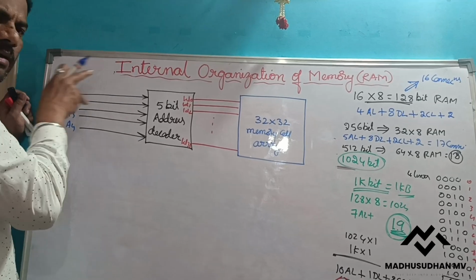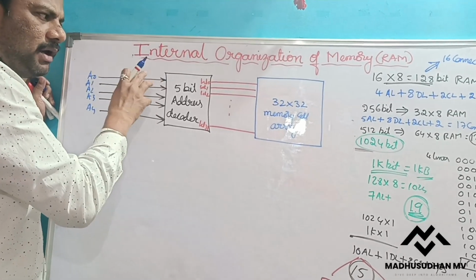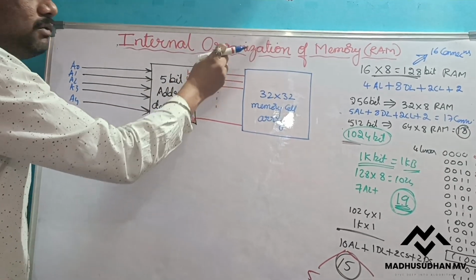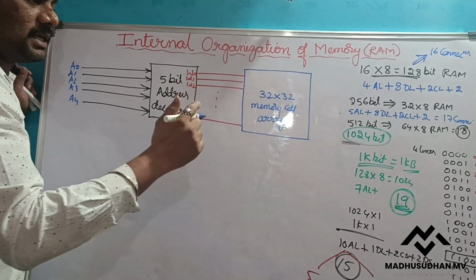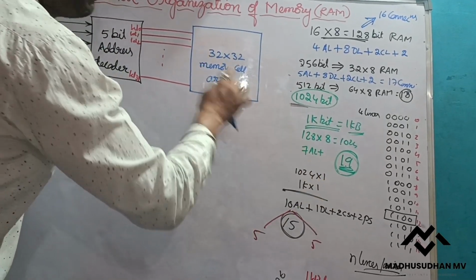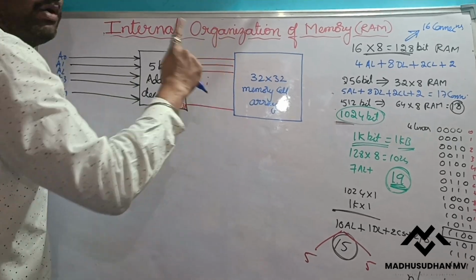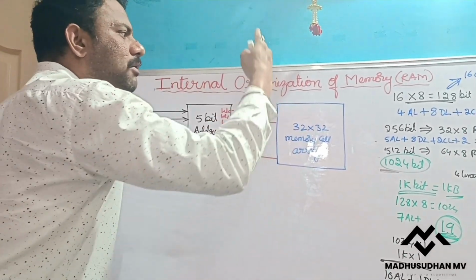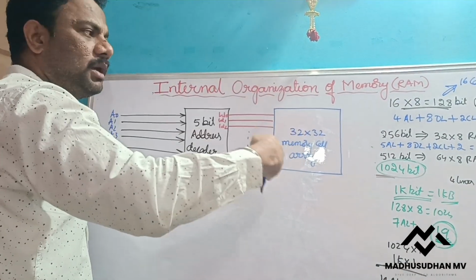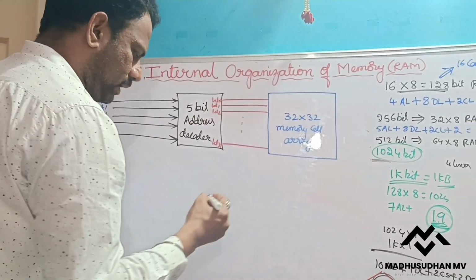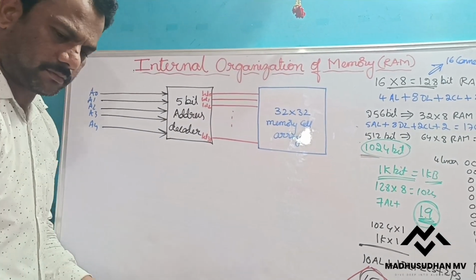Now, when I give some value, based on this binary value, it will select any one row, any one word line. Since I have stored only one flip-flop in one word, out of 32 rows it will select only one row. Now I have 32 columns, and I need to select one column.